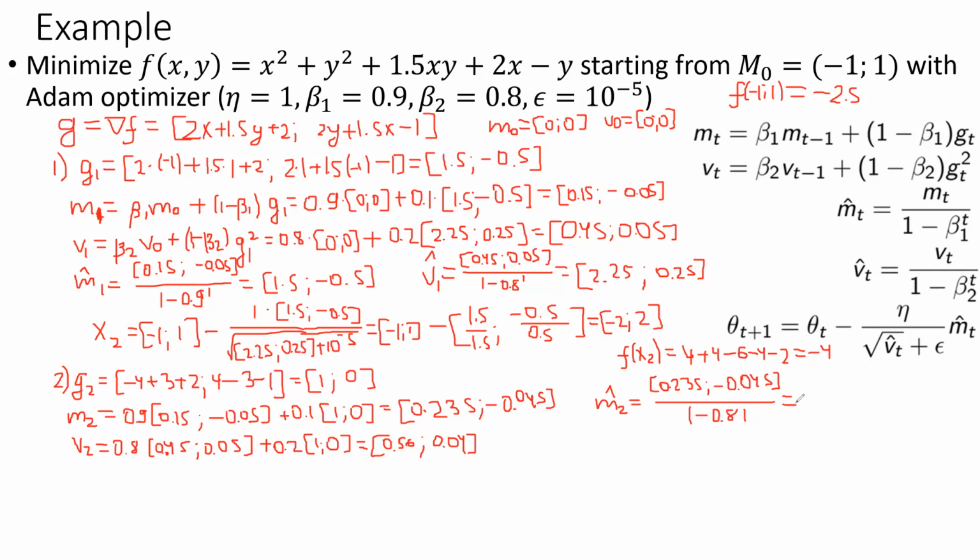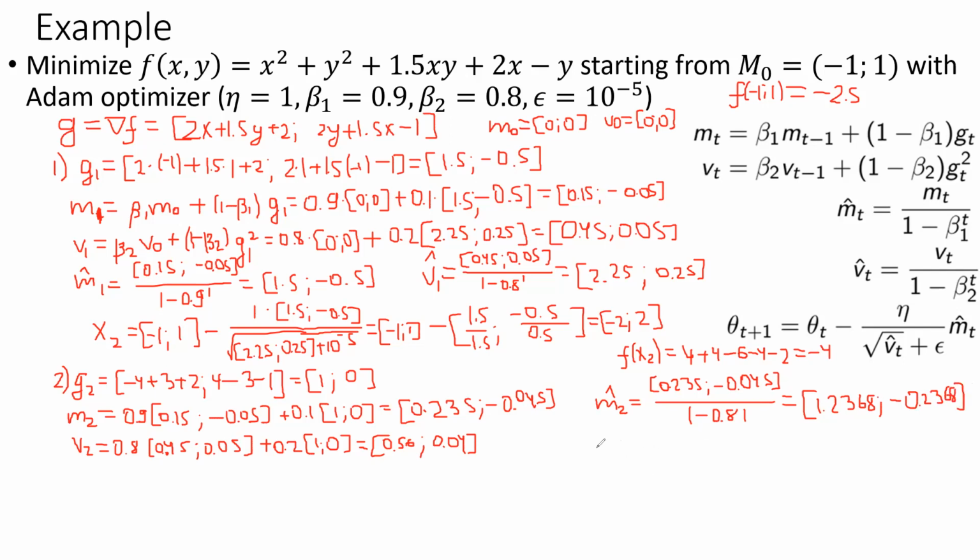So it will be 0.235 divided by 0.19, which is 1.2368. Now we do the same with the rest, which gives us negative 0.2368.